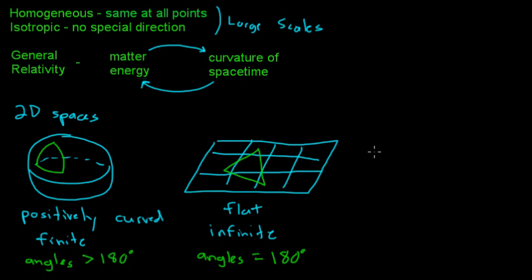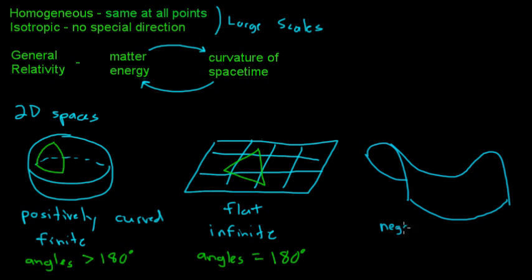Now there's another type of space that I can have, and that is a negatively curved space. And this one's kind of difficult to draw, so let's see how I do with this. It kind of looks like the shape of a saddle. So we have this saddle shape, and we say this has negative curvature. This space, like the plane, would be infinite in size. It would extend in these directions out as far as you want to go.